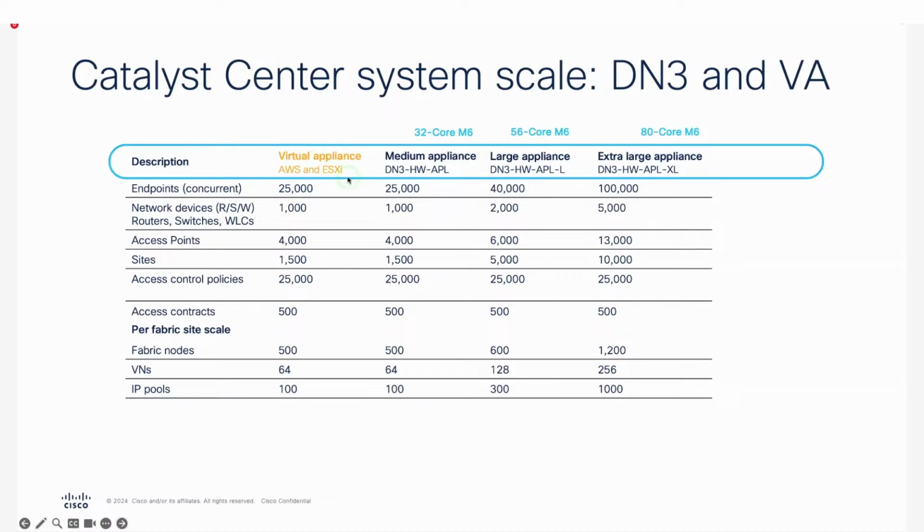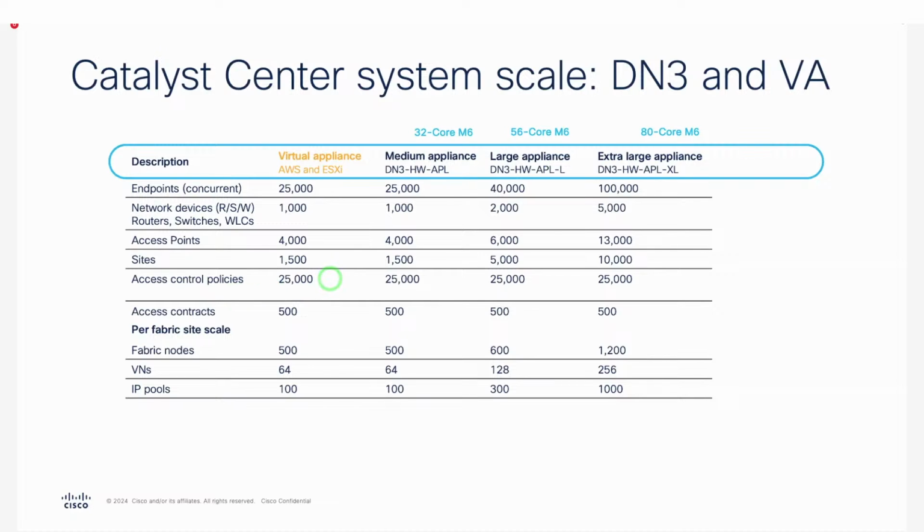The virtual appliance, for both AWS and ESXi, matches the DN2 hardware appliance scale numbers: 25K endpoints, 1,000 network devices, up to 4K access points, and you can create up to 1,500 sites. These are the details for the SD-Access enabled fabric.